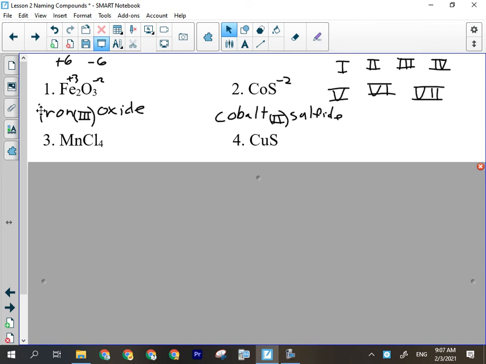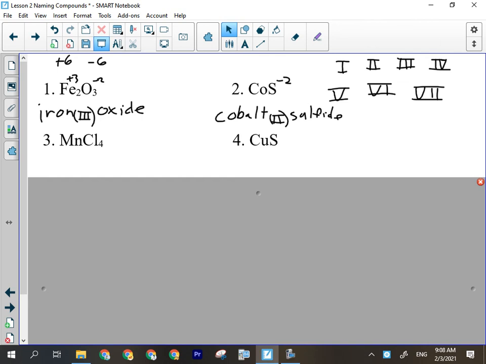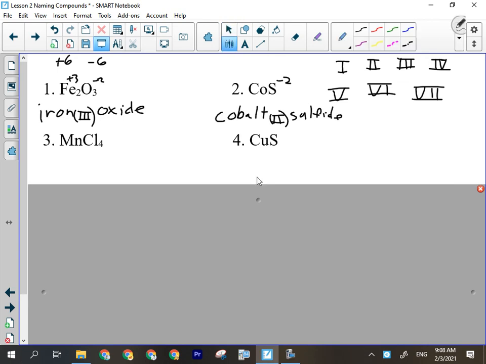Let's have a look at 3 and 4 here. So for number 3, we've got Mn, which is manganese, and it's with chlorine, so it's going to be manganese something chloride.